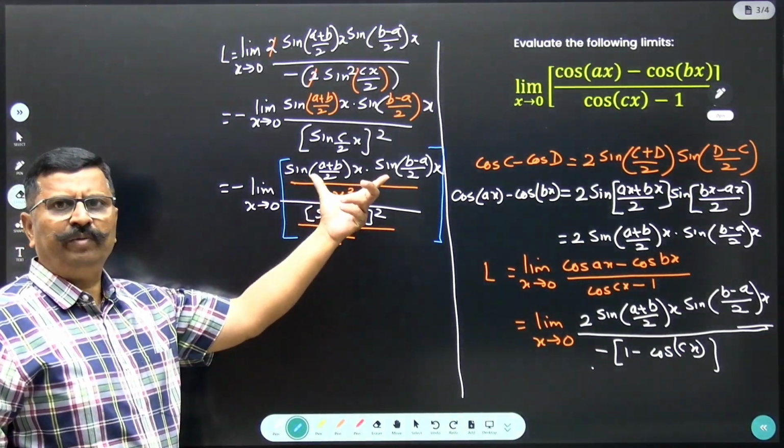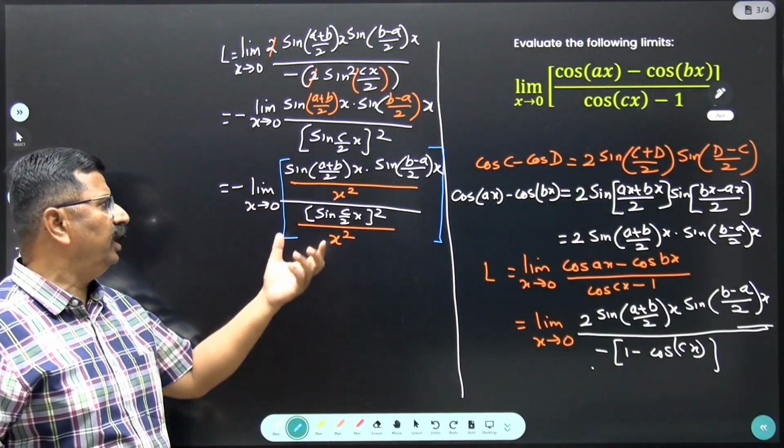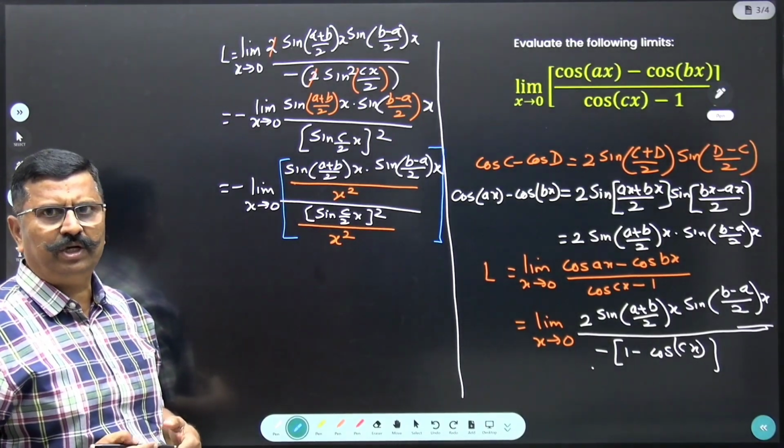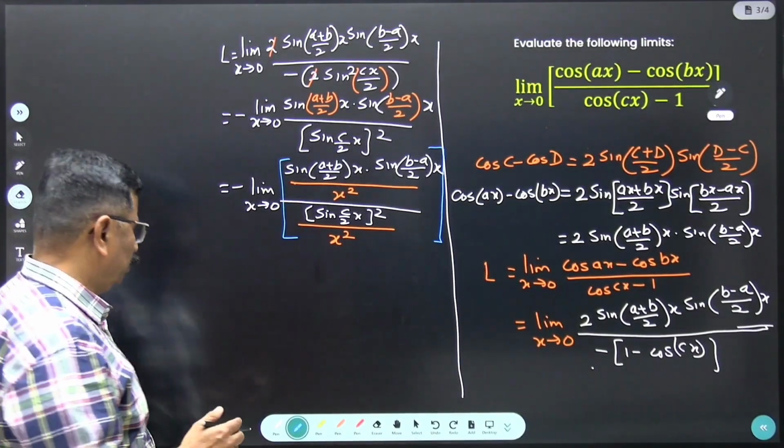Now we will take the limit of the function in the numerator separately and the limit of the function in the denominator separately. In both cases, x approaches 0.